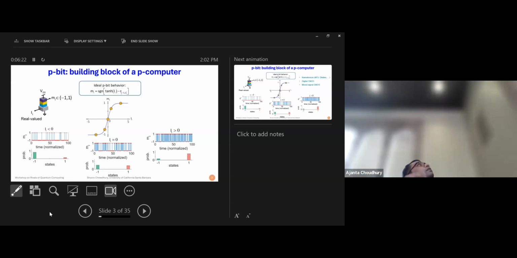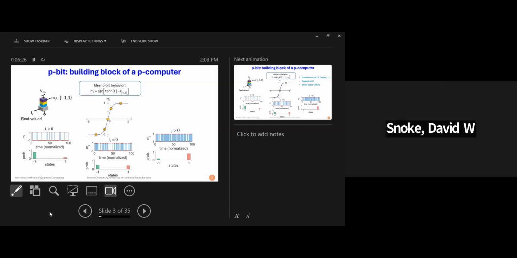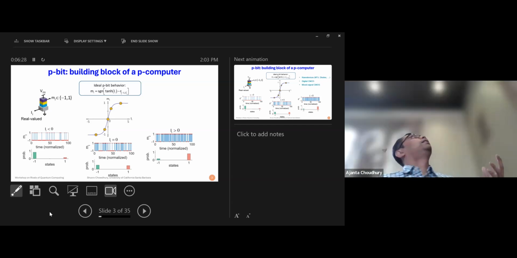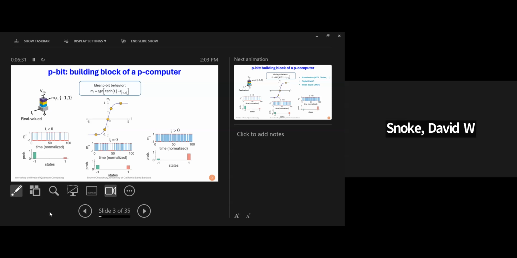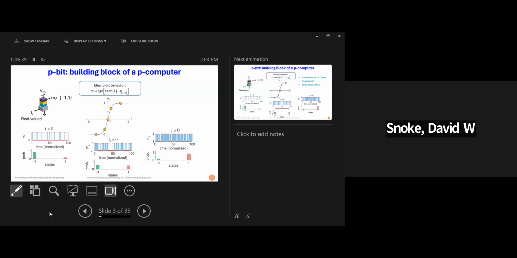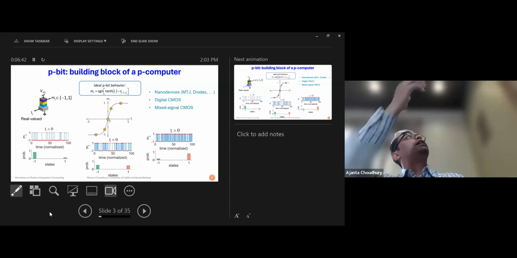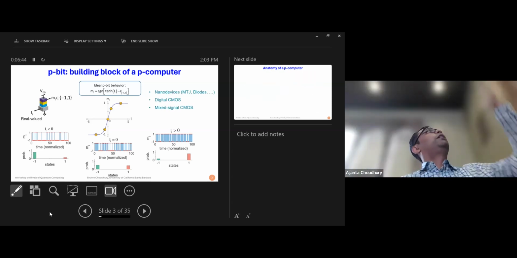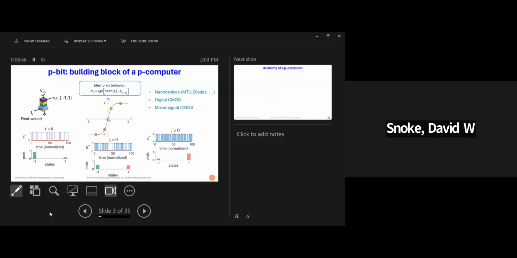Now, this ideal characteristic can be modeled exactly with this equation, but here I want to emphasize that we are not trying to use this equation, we are just trying to make the hardware building block for this equation. So hardware is the important thing here. And there are many ways to do this. We can use stochastic magnetic tunnel junctions.